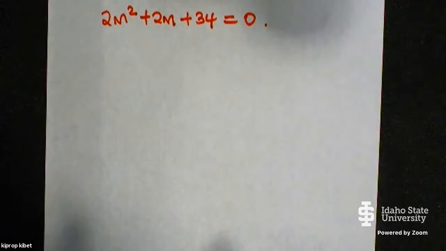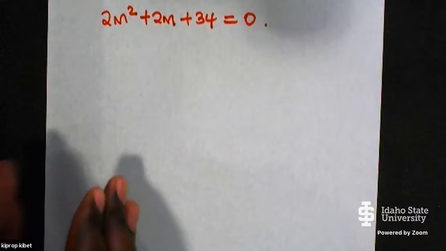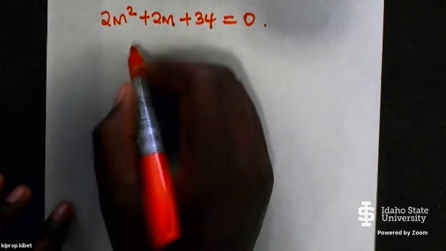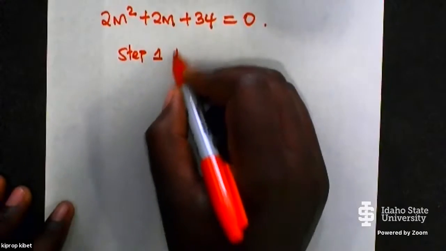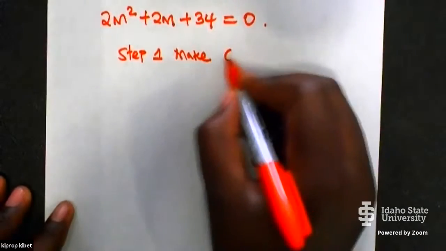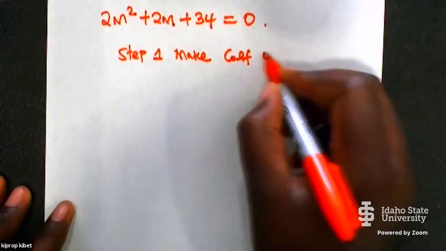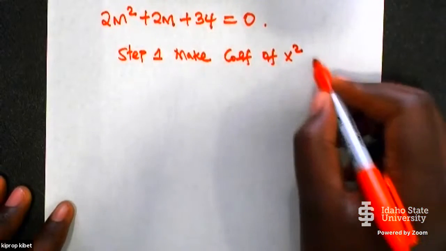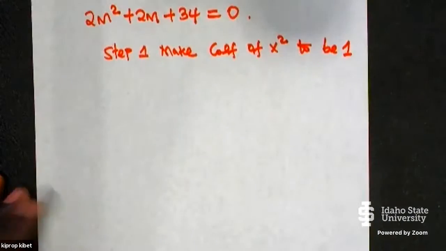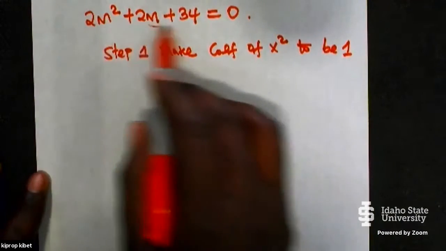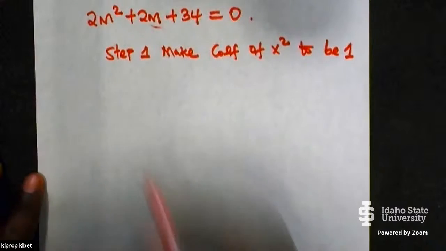So what do you do? First of all, step number 1, make the coefficient of x squared to be 1. Okay? So you divide everywhere by 2. So what do you get?